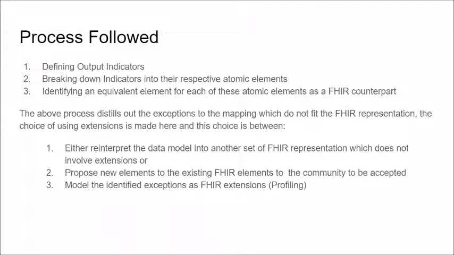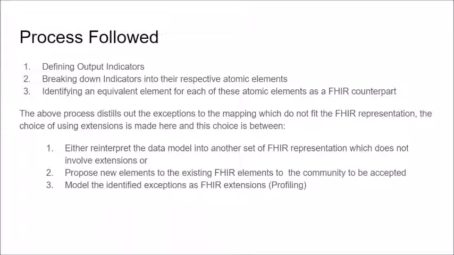So once we have gone through this process, and we are at the level where we have a certain set of FHIR elements and something is left out, there are three options open to us. Either we reinterpret our data in terms of another set of FHIR representation, or we add to FHIR.